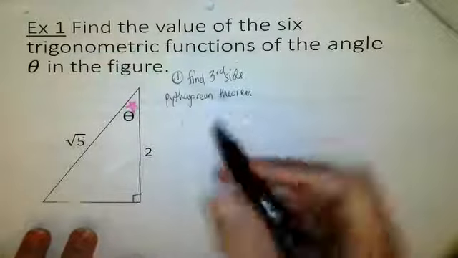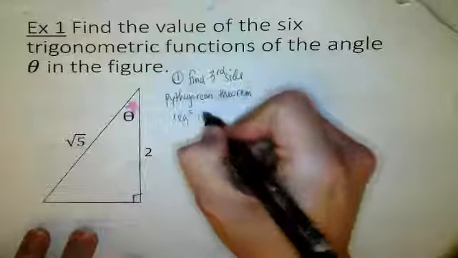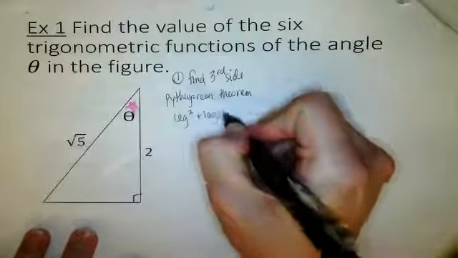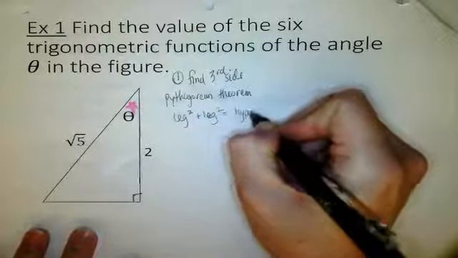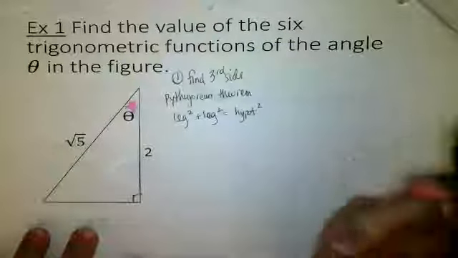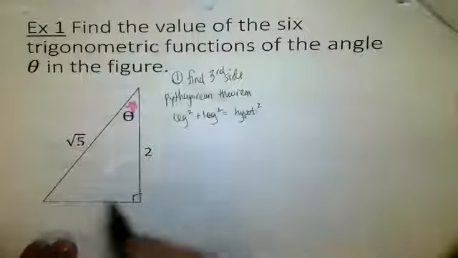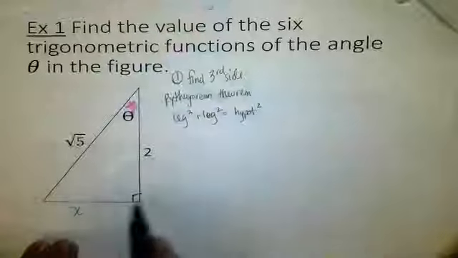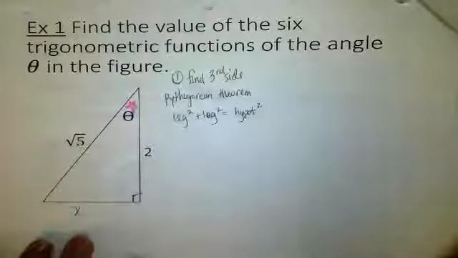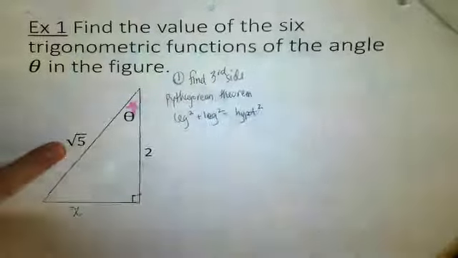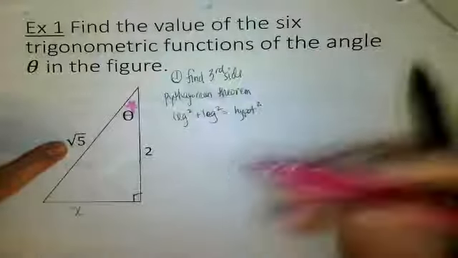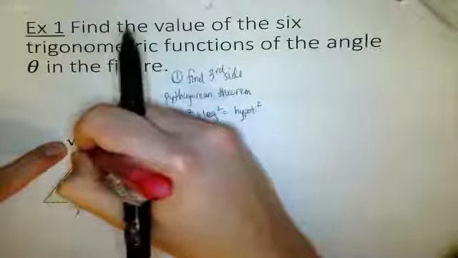The Pythagorean theorem is leg squared plus leg squared equals hypotenuse squared. I'm going to call this leg x, only because it's horizontal like the x-axis. So then what is this? Radical 5, sorry. The hypotenuse.